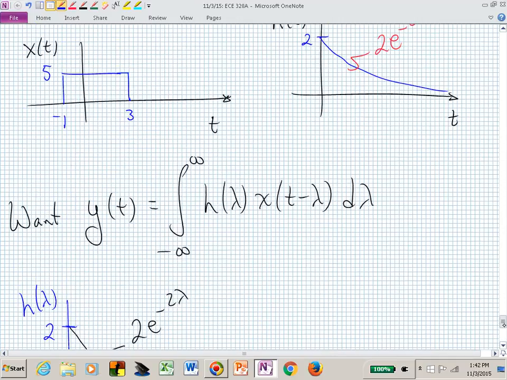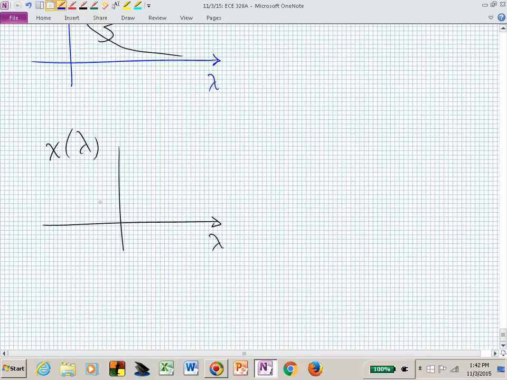And that's exactly the same answer that you gave me for h. If I give you x of t, and now I say what's x of lambda, it's just what x of t was, except now I replace t with lambda. Has exactly the same shape. It's now minus 3 to 3, and it's 5.